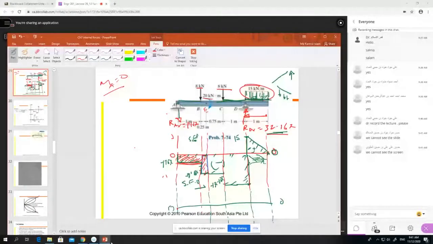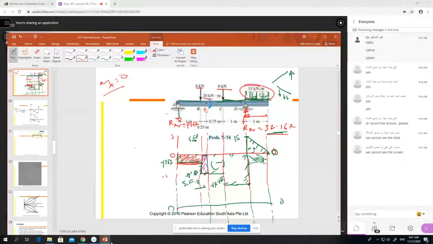Something is wrong with why I shared this slide. Now you can see. Can you see the screen now? Hello? Can you see the screen? Hello? Yes.